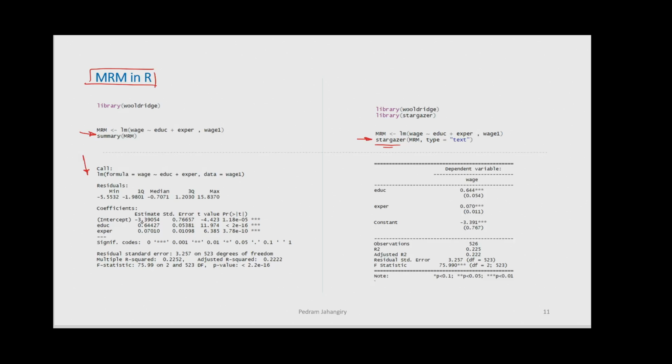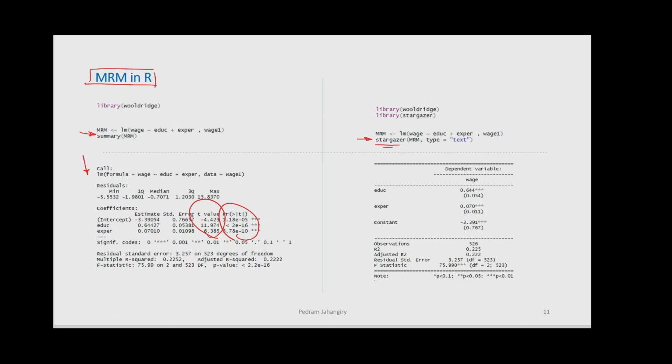So for instance, this is your beta hat 0, beta hat 1, beta hat 2, and you have the standard errors. Do you remember those ugly formulas for simple regression model? For multiple regression, it's even uglier than that. But again, the good news is that we don't need to calculate them manually. And we can look at the t-values. T-values and p-values are something new that we're going to explore later on.